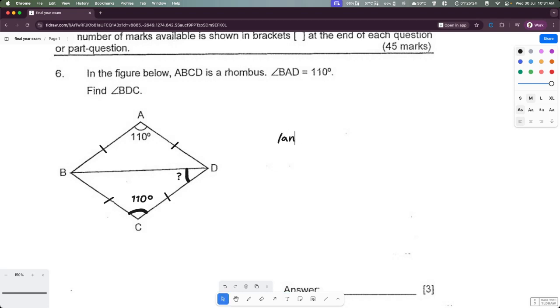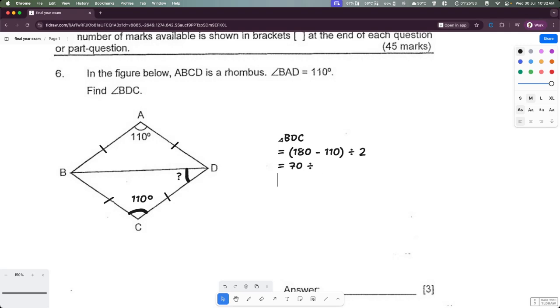we can have angle BDC equal to 180 minus 110. Okay. And then we divide this by 2. So in essence, what is 180 minus 110? 70.